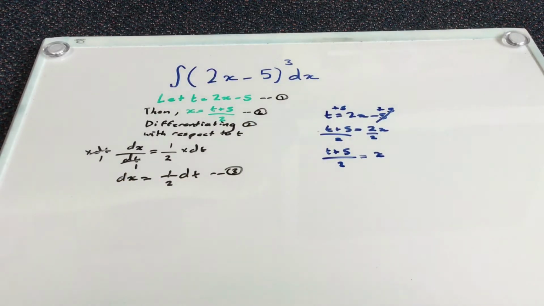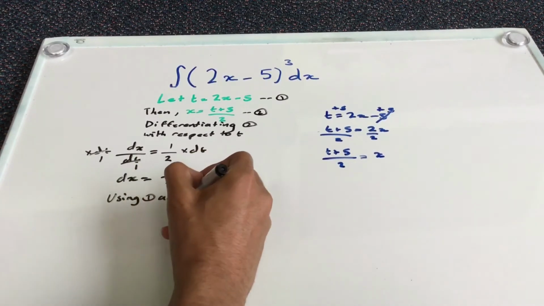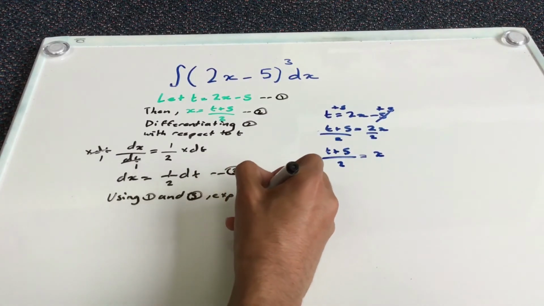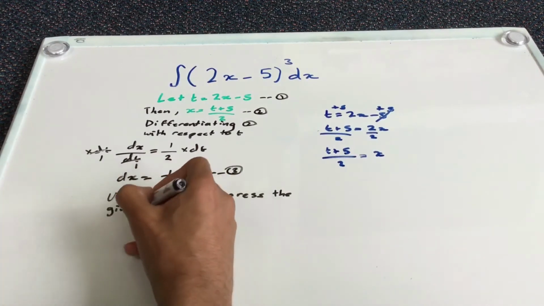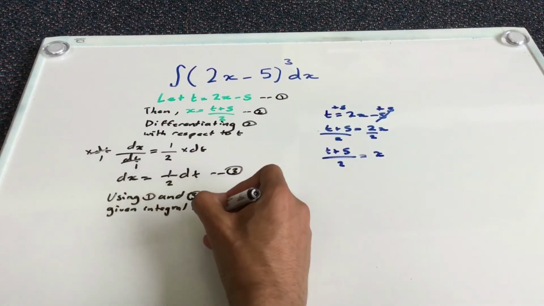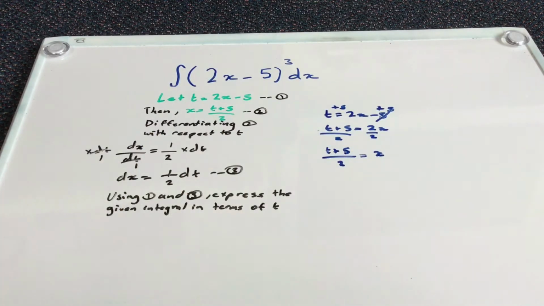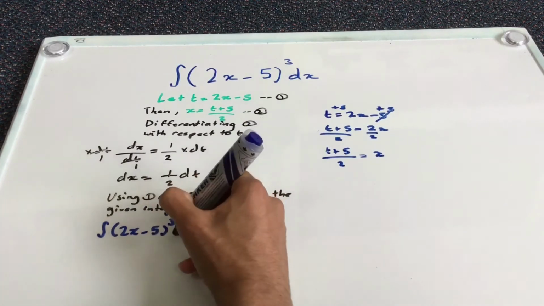Okay, so now using equations 1 and 3, we're going to express the given integral in terms of t. Okay, so now we're going to look back at our equation, the integral of (2x minus 5) to the power of 3.